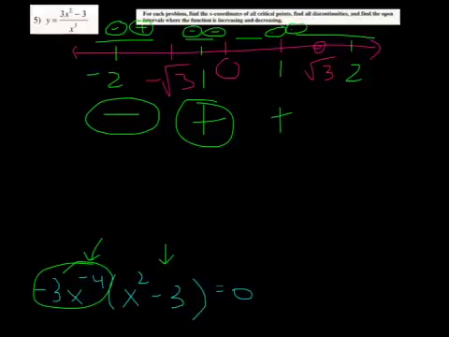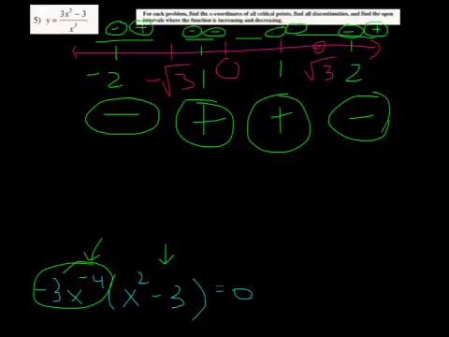So that'll become a positive again. And then for 2, for the first one, it'll still be a negative, and the second one would be a positive. So this one will be a negative. So what this means is that it goes downward, then upwards, then still upwards, then back down. So it looks something like that.